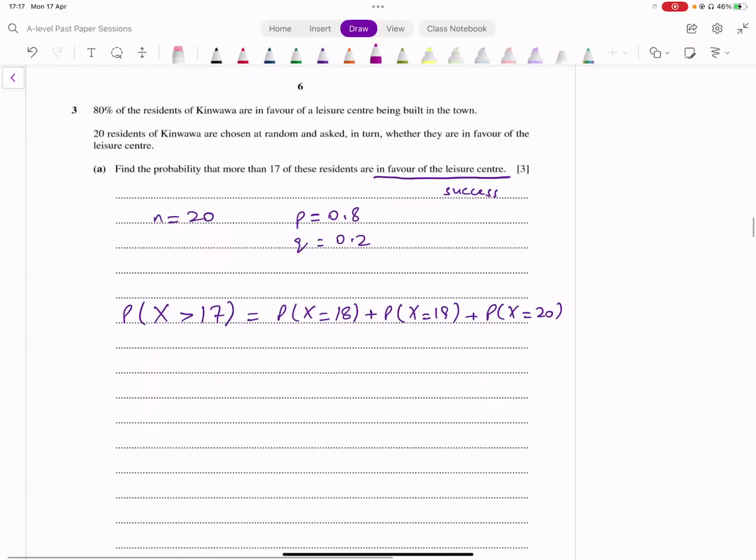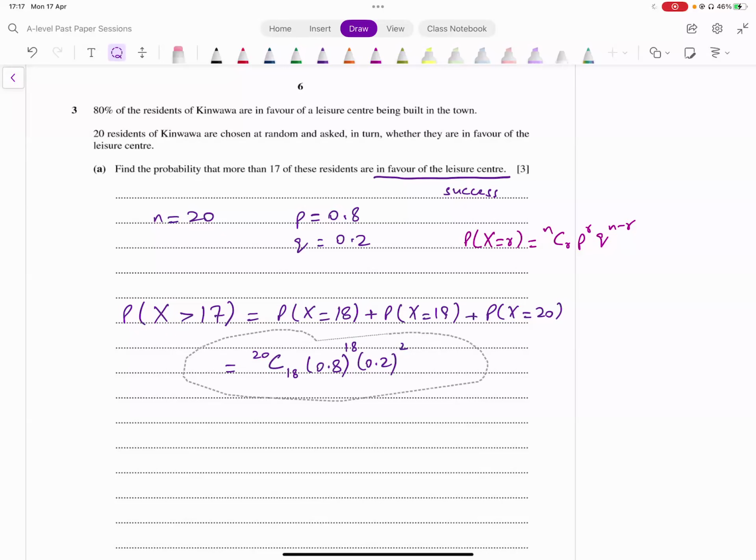Now, what's the binomial formula? The binomial formula looks like this. It's given in the formula sheet as well, although it's in a slightly different form. nCr into p raised to power r into q raised to power n minus r. That's how the binomial formula looks. All you have to do is input values in that. n is 20, so that's 20C r. r यहाँ पे 18 है first value के अंदर, so 20C18 into p, which is 0.8, so 0.8 raised to power 18 into 0.2 raised to power 2.